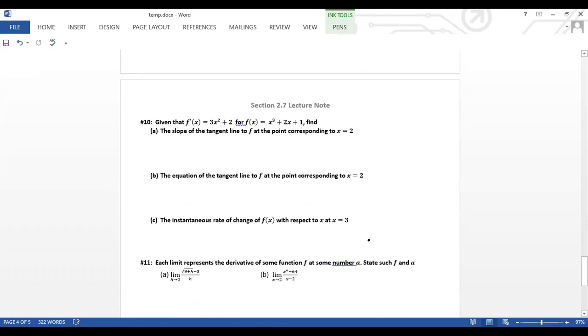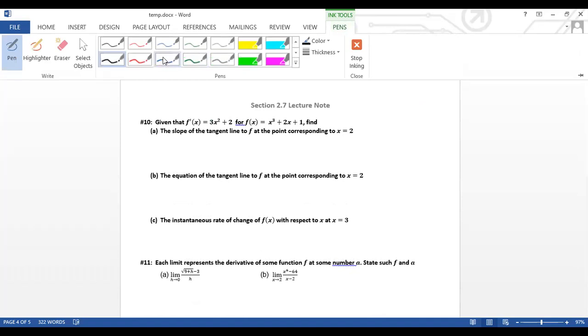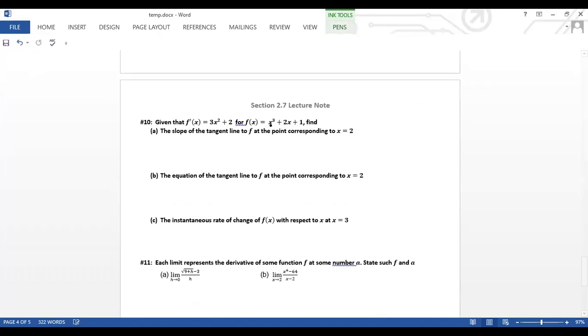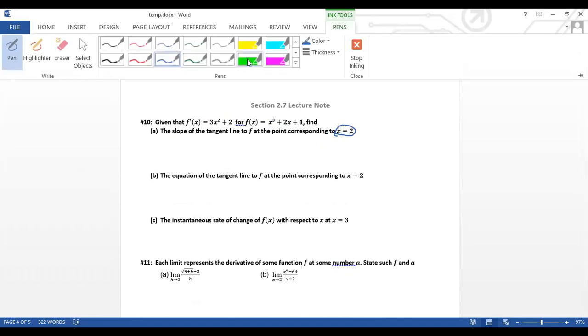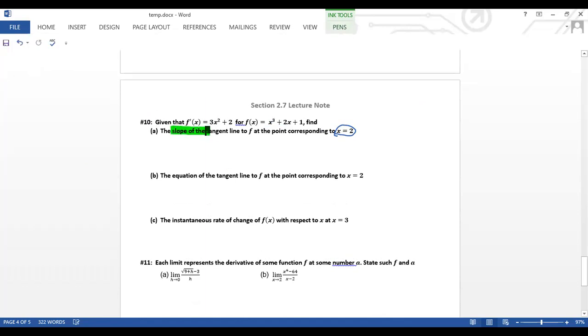Given that f prime x is equal to 3x squared plus 2, and f of x equal to x cubed plus 2x plus 1, find the slope of the tangent line at the point x equal to 2. Like I said, this is such a key important thing, the slope of the tangent line. What does that mean?